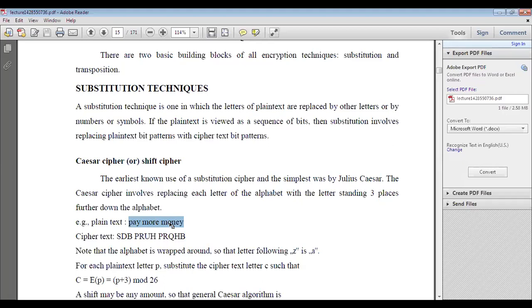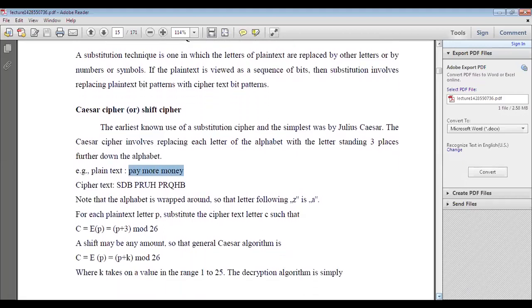Whenever you communicate this message, how do you convert this plain text to ciphertext, so that authorized or unauthorized people would not know this? How to convert this actual plain text to ciphertext.